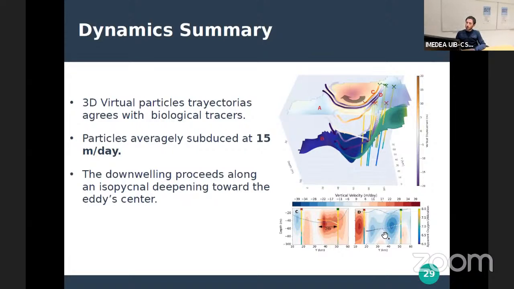And in particular, the interesting one is the D panel, because the particles get subducted, get upwelled, and comparing the position where these particles end, we can see an agreement also with the nutrient concentration that we see in the CTD casts.